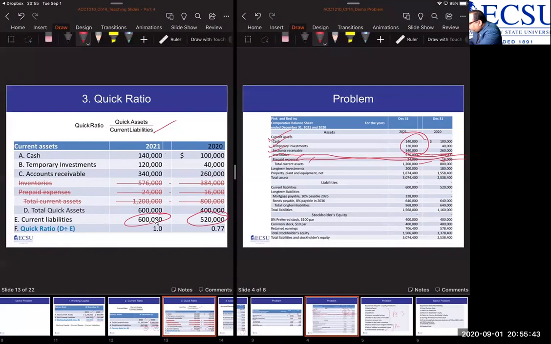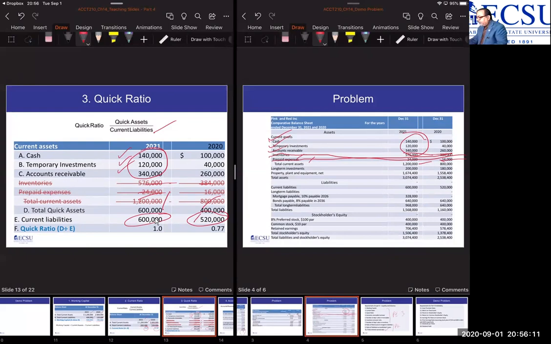So if we just add, I have deleted the prepaid expenses and inventory, of course. And so we have cash, temporary investments, accounts receivable. These three add up to 600,000 for 2021 and 400,000 for 2020. Current liabilities remain at 600,000 for 2021 and were 520,000 for the year 2020.